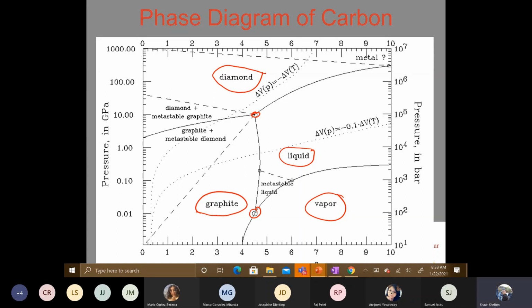Up here on top, there's low pressure and low temperature. So what happens is the solid diamond eventually goes down in pressure and converts from a diamond into graphite. So that diamond that you give to your fiance eventually will convert into graphite.